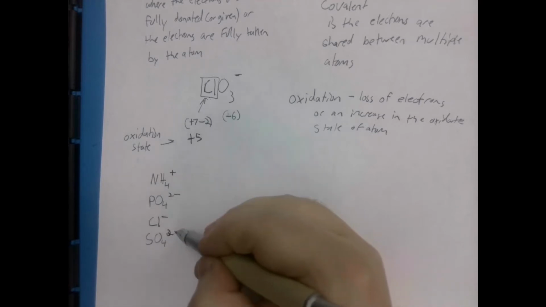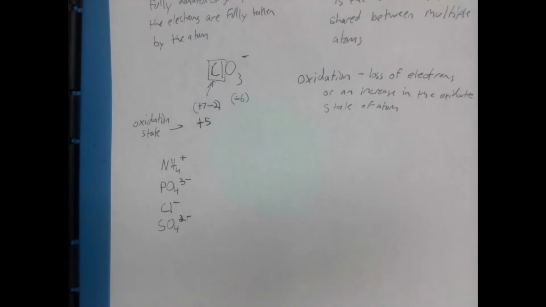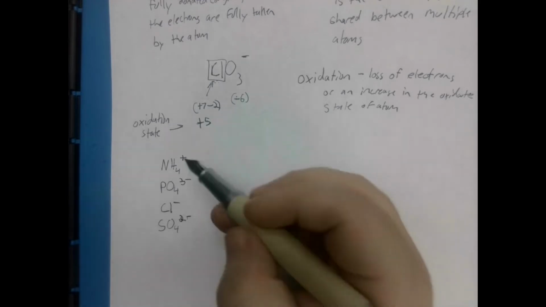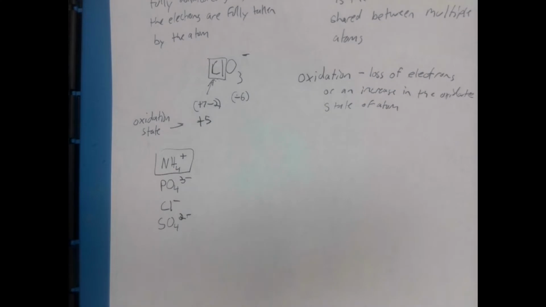This is 2 negative. Which of these is a cation? Ammonium. It's the only positive one, so a cation has a positive charge.